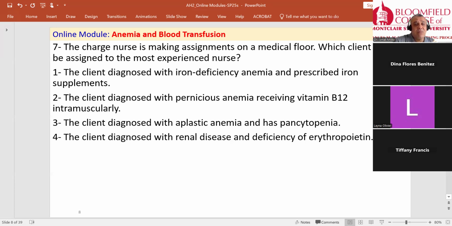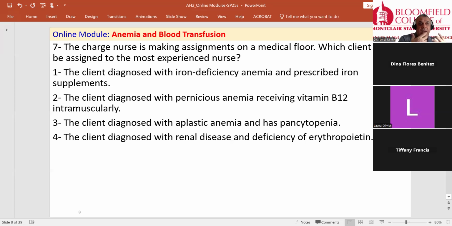When you say assigned to the most experienced nurse, your rationale has to do with expertise, not a nurse who just graduated a few weeks ago and was hired and assigned to positions on the floor. The rationale has to do with the specialty, and why expertise is important for this specific patient.